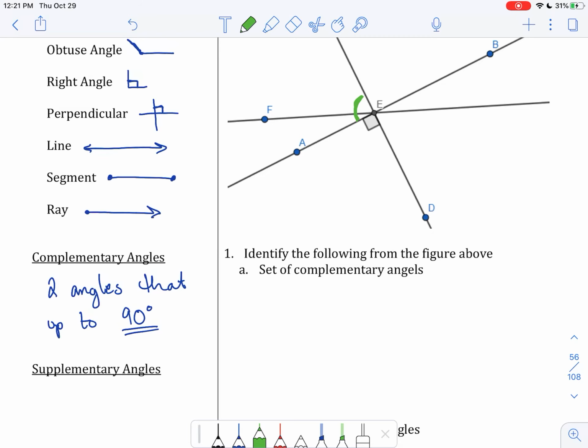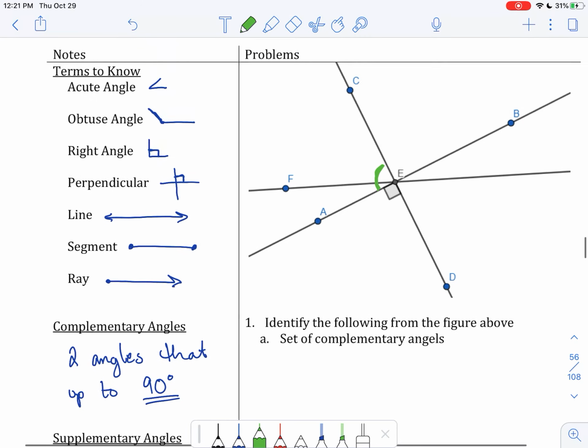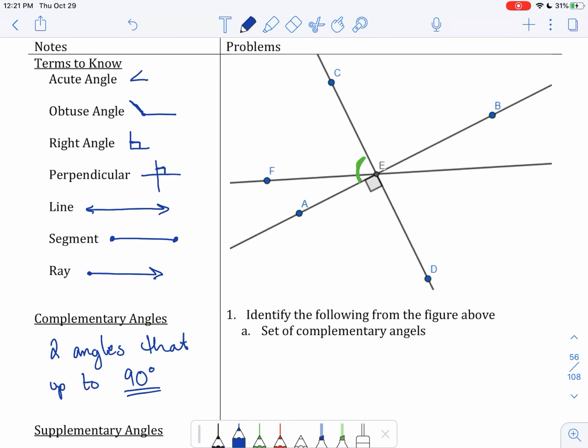So I'm going to look at these two here. When I label angles, you draw the angle symbol, and then the way you label it, in this case, I'm going to call this angle, from C to E to F, this larger but still acute angle, CEF.